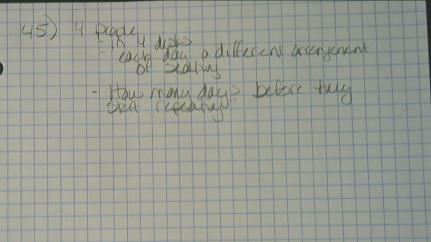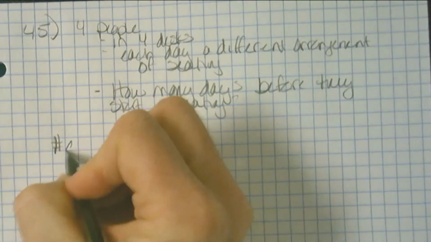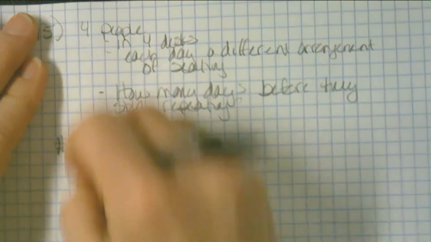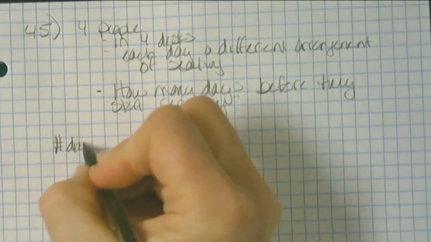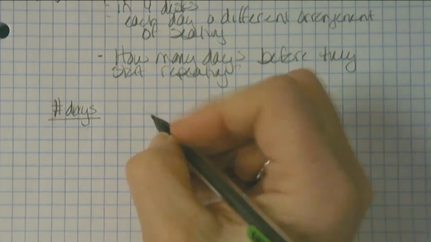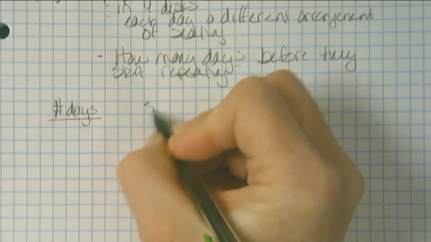We want to know how many days before they are going to repeat. What things do I need to keep track of? Erin? All right, so I have my number of days. What else do I need to keep track of other than my number of days? Alex? Yeah, the seating arrangements.